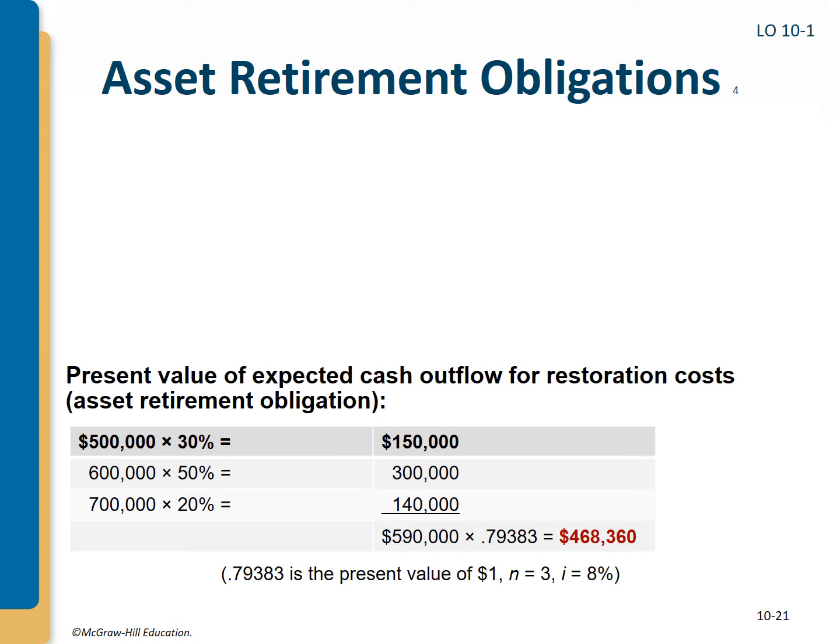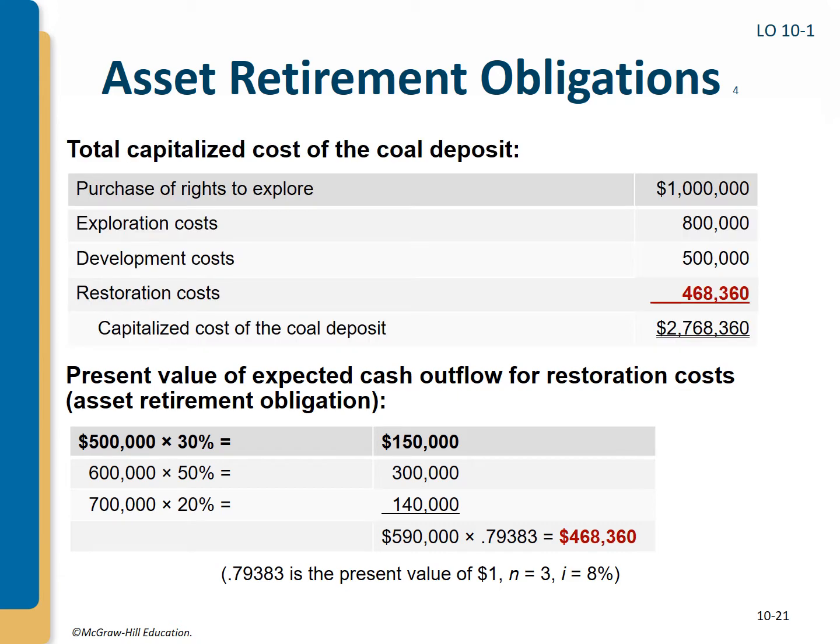We need to record a liability today. So how much is that one-time payment in 3 years worth today, assuming an 8% interest rate? You're going to do the present value of 1, N is 3, I is 8%. Multiply that by your future value of 590, so $468,360. The cost of the coal deposit would be the purchase price, the exploration and development costs, and the present value of these restoration costs.